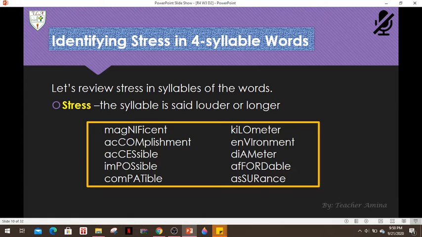For example, let's read the following words and find out how many syllables each word has. The words are magnificent, accomplishment, accessible, impossible, compatible, kilometer, environment, diameter, affordable, and assurance. If you were counting, all these words have four syllables.